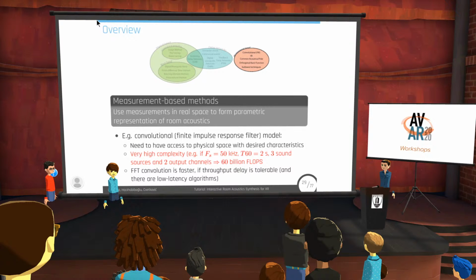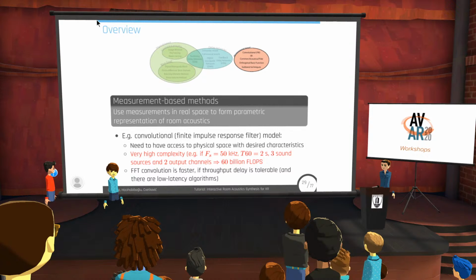operation. If we run a straight convolution, just implementing the definition of convolution in the time domain, we can make an example. If we have a sampling frequency of 50 kilohertz and a reverberation time of 2 seconds, with 3 sound sources and 2 output channels, then this would require 60 billion floating point operations per second. Just to give context, this is roughly equivalent to having 20 dedicated CPUs at 3 gigahertz running, very roughly.